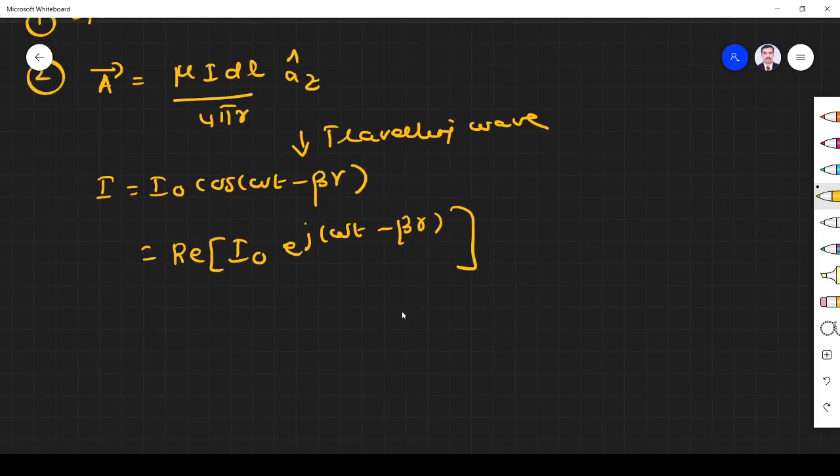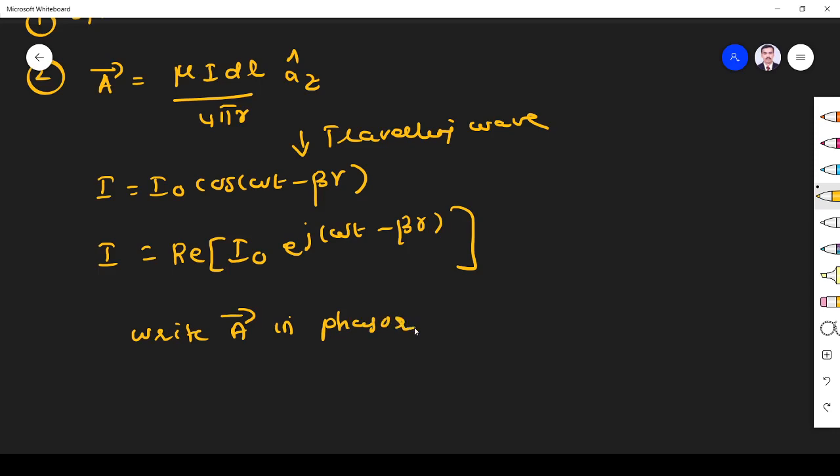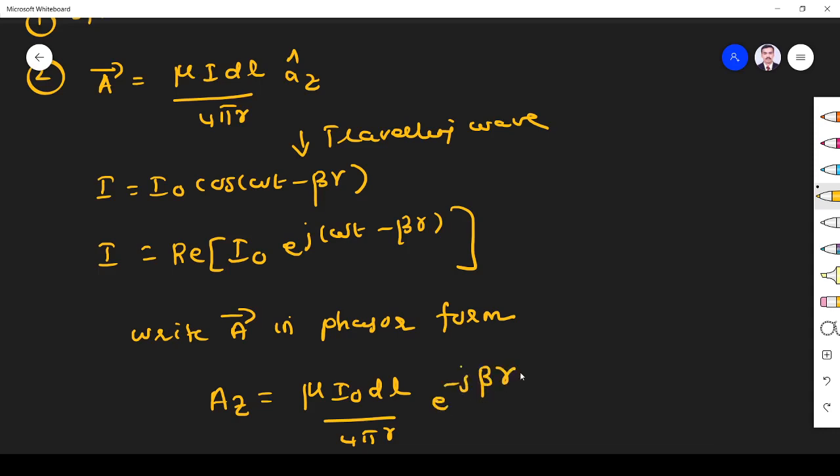So we wrote all the things. Now we write A in phasor form. It has only a z direction, where the value is mu I naught dl by 4 pi r e power minus j beta r.